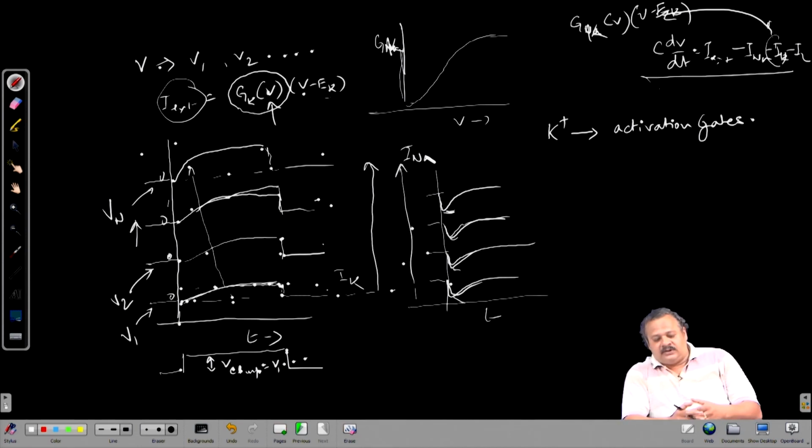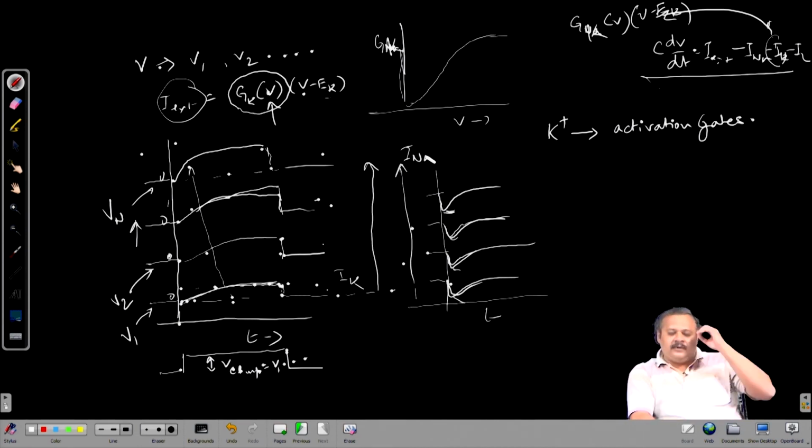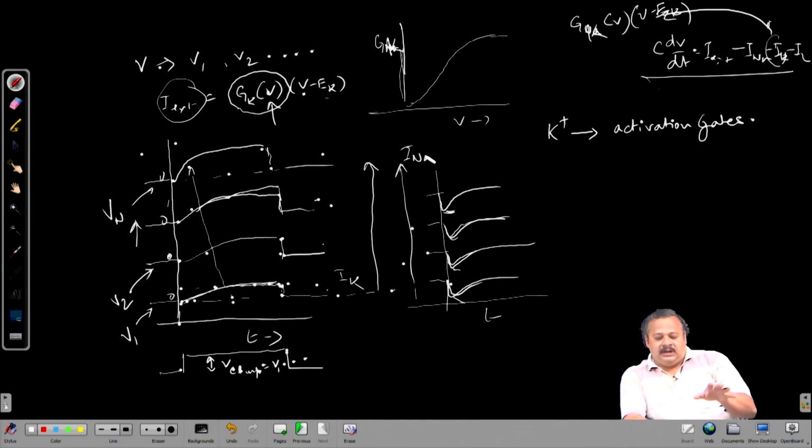The number of gates, or the probability of the potassium ion channels being open, keeps on increasing. We will get into why we said probability in the next lecture, but for now let us think of it this way: more and more potassium channels are going to be open as we increase the voltage.